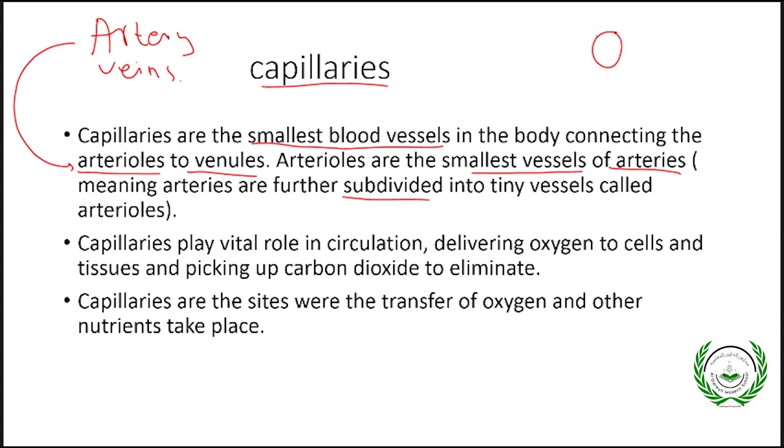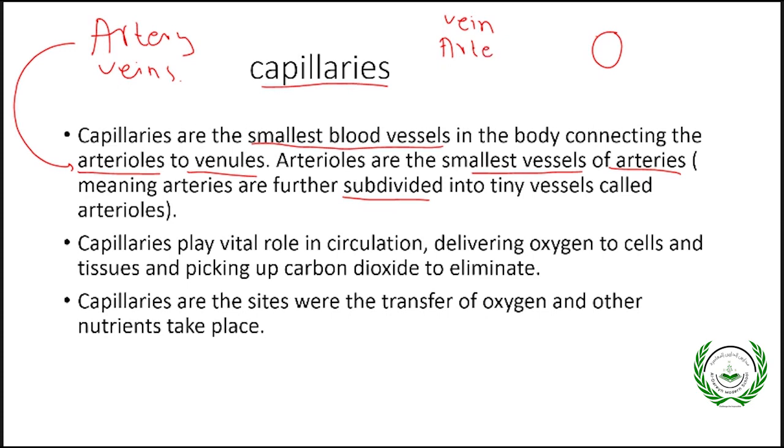Here let us see the capillaries and how different they are from these two types of blood vessels. Capillaries are the smallest blood vessels, very tiny, connecting the arterioles to venules.